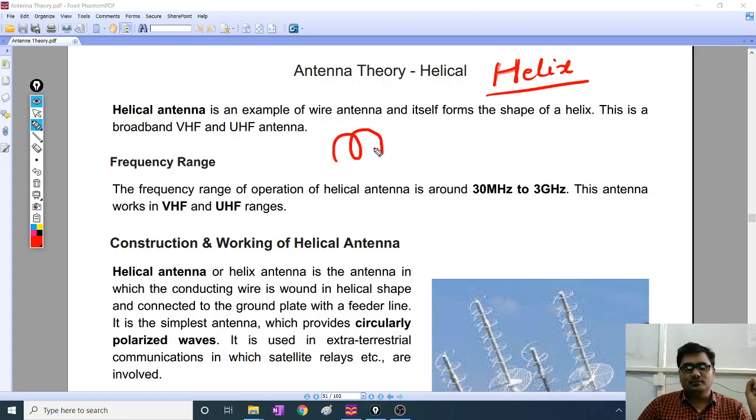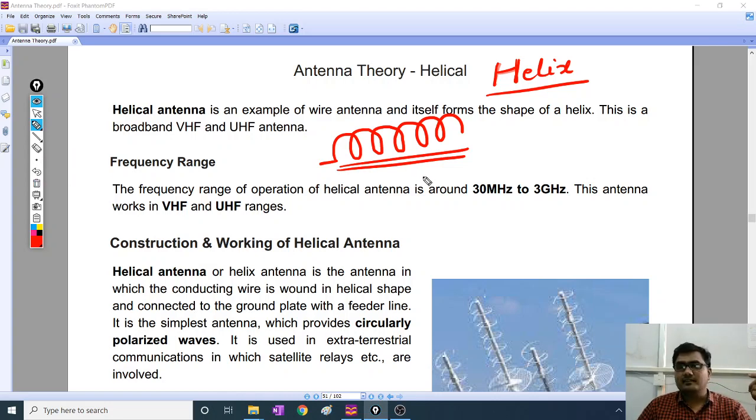Look at this, if you are using an old generation ballpoint pen, then that kind of spring is there inside the ballpoint pen. That spring is nothing but your helix or helical structure, is it? So if you wound a wire in this fashion, in this format, then this will be your helical antenna.